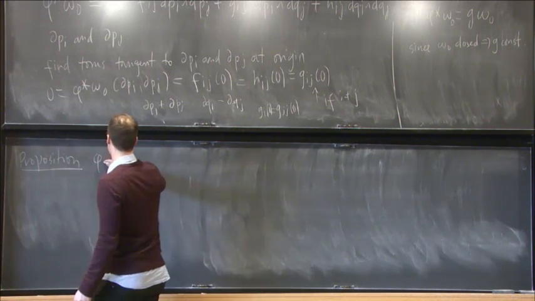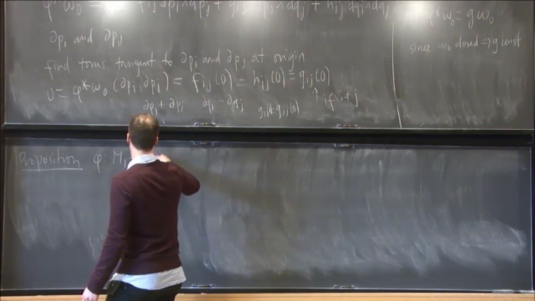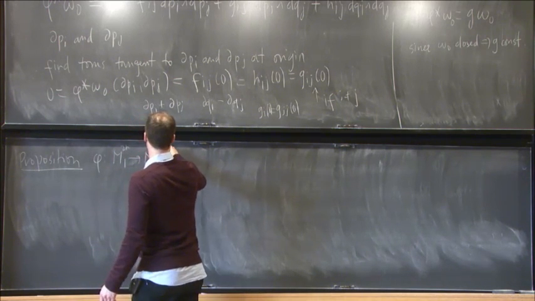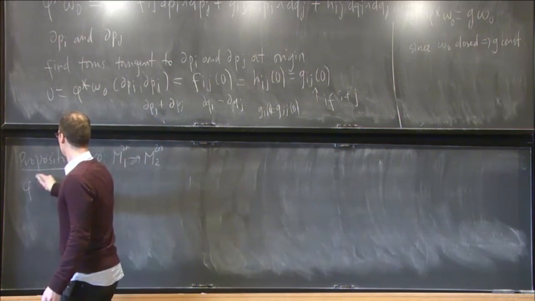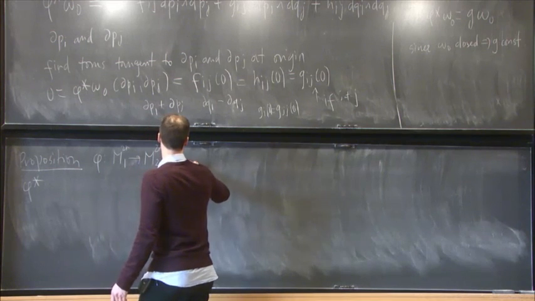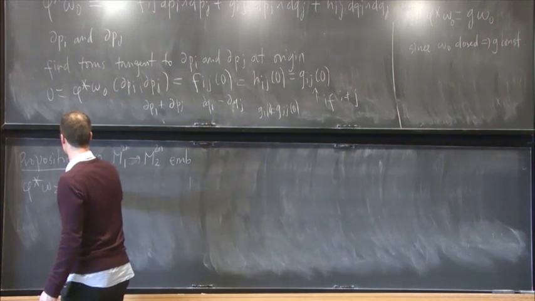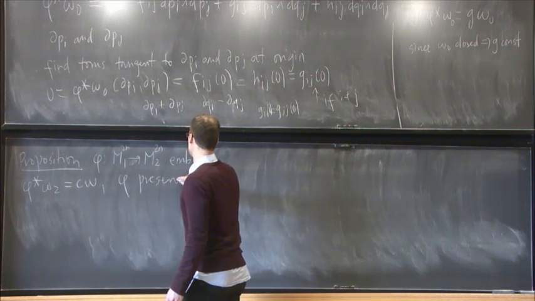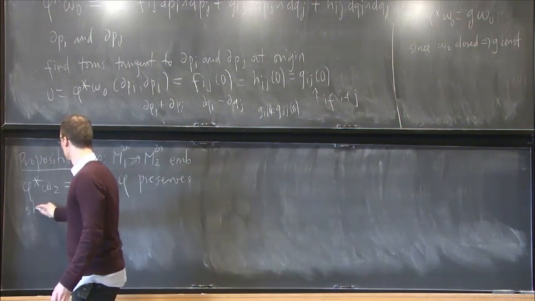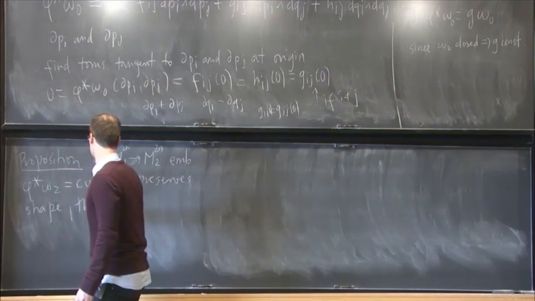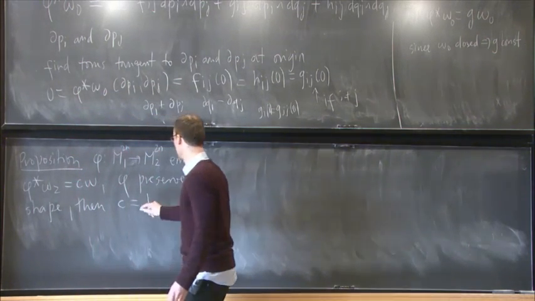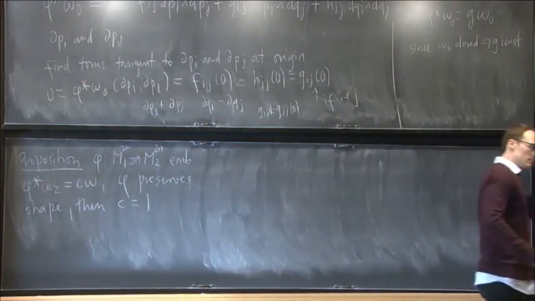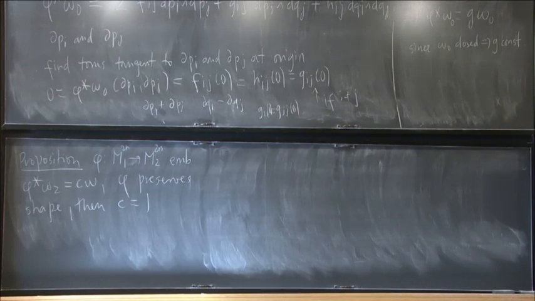If phi is an embedding, if an embedding preserves shape, and it's conformally symplectic, then this constant must be 1.